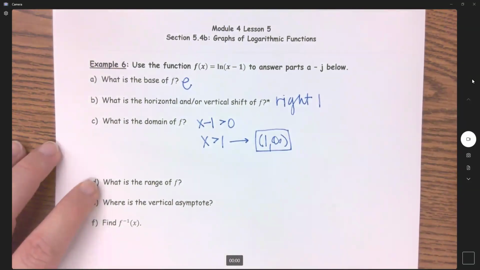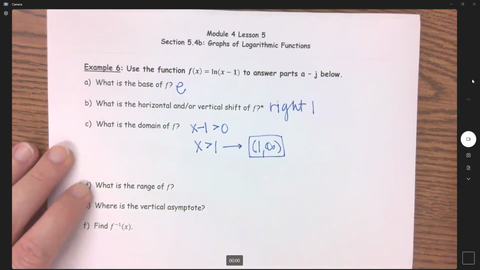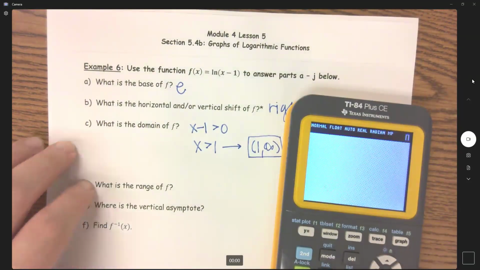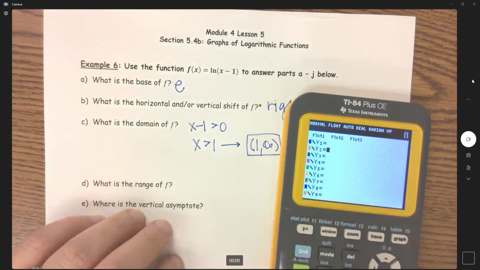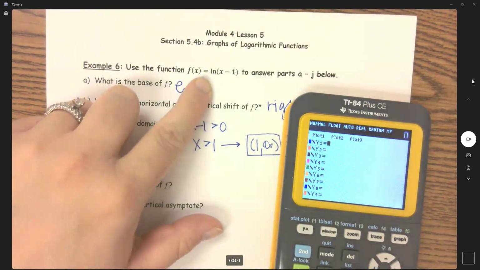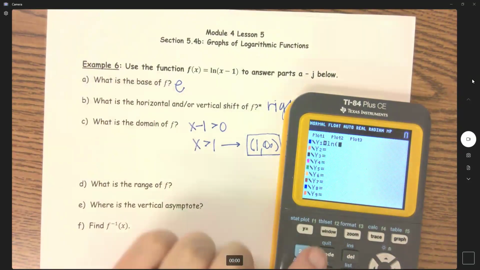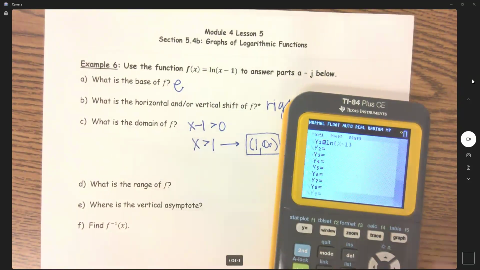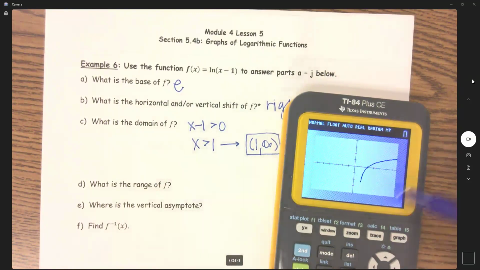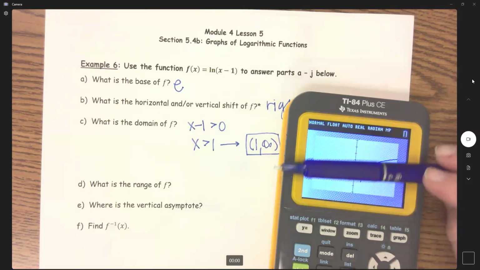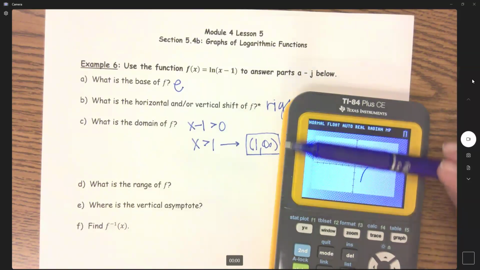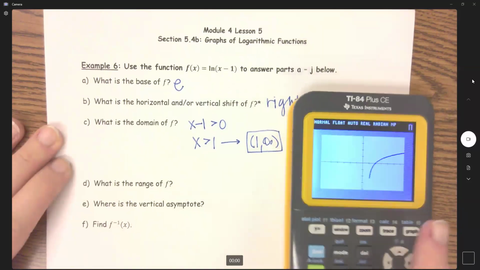What is the range? Well, we can do this one of 2 ways. If I graph this, I can find the range. We have natural log of x minus 1, and here is my graph. So remember, it looks like it starts right here, right? It looks like a square root, but it's going to keep going down forever. So as we go from the bottom to the top, we're going from negative infinity to infinity.